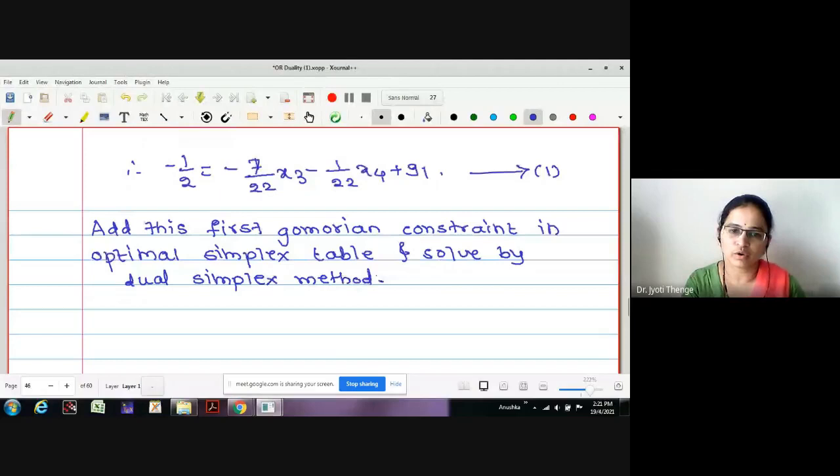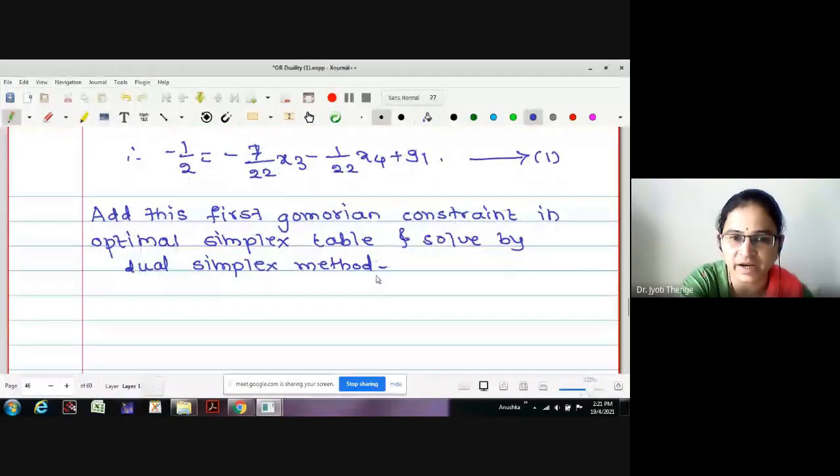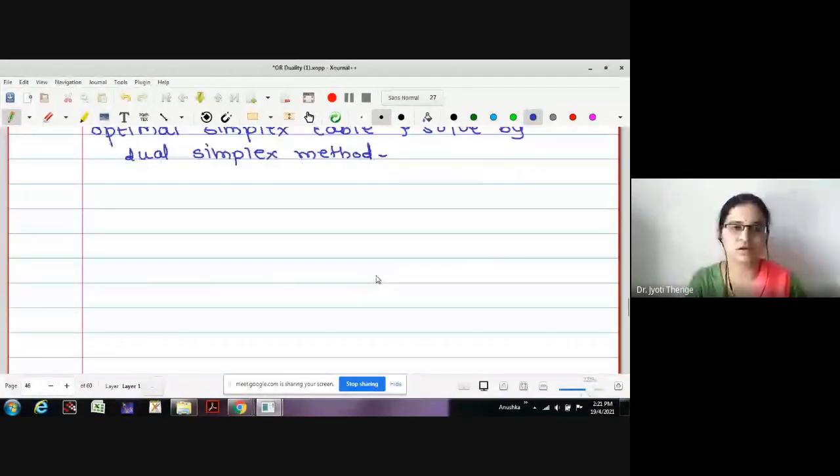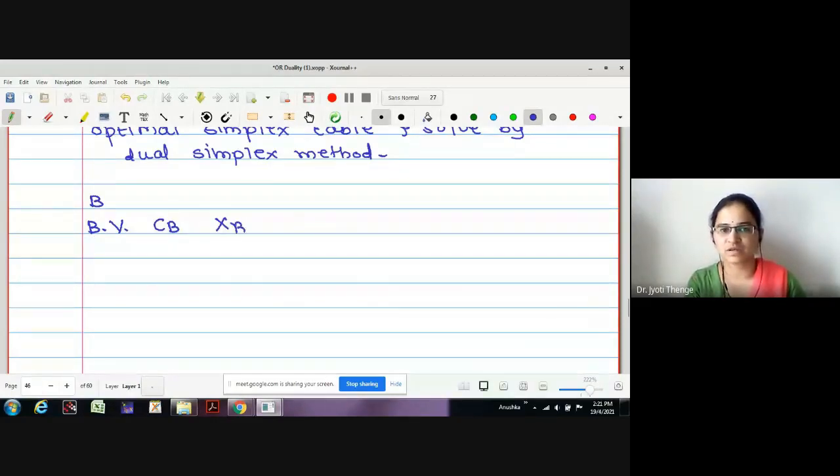Okay, we will rewrite the table. Basic variable, CB, XB, X1, X2, X3, X4 and G1.